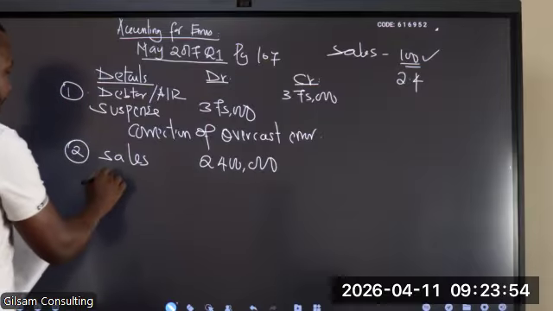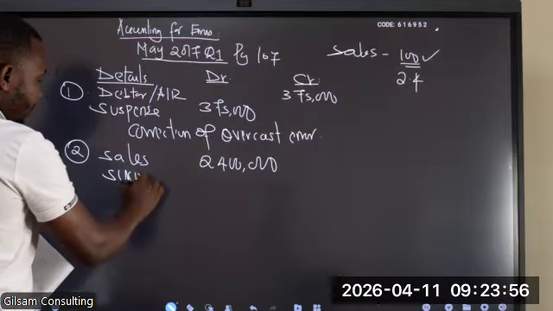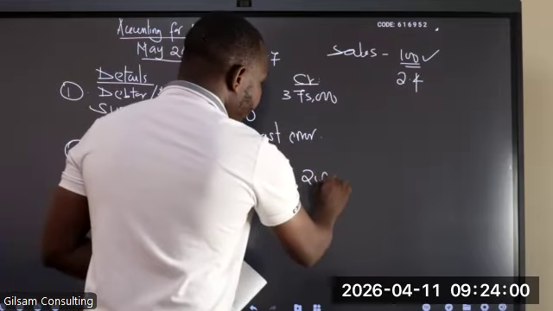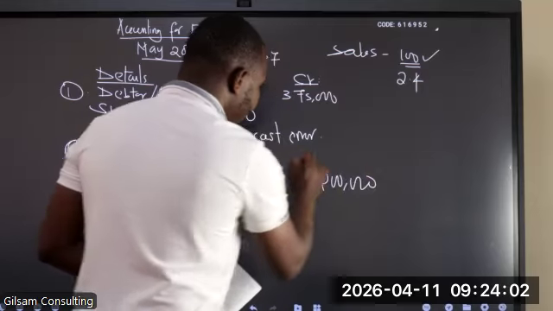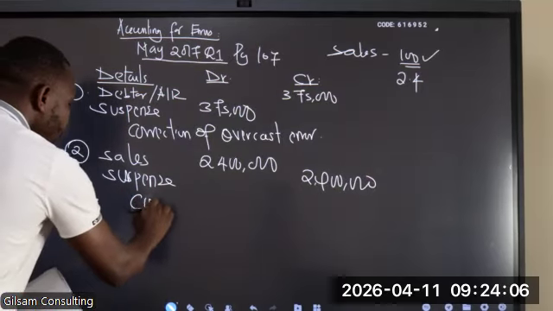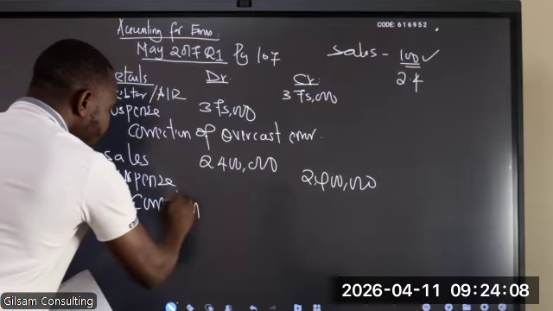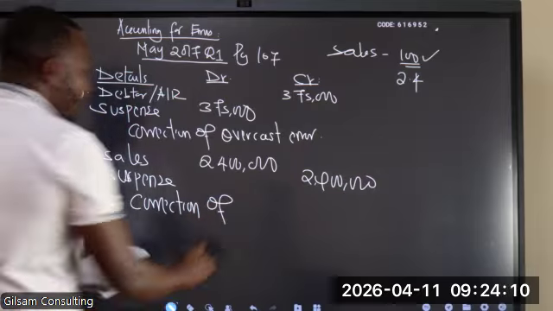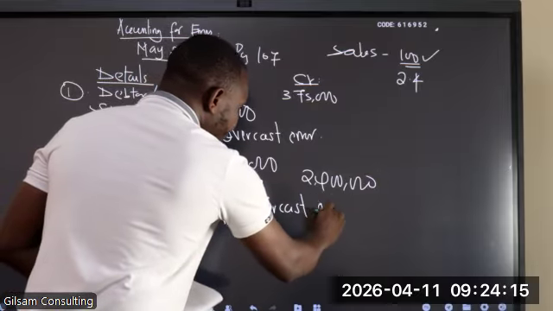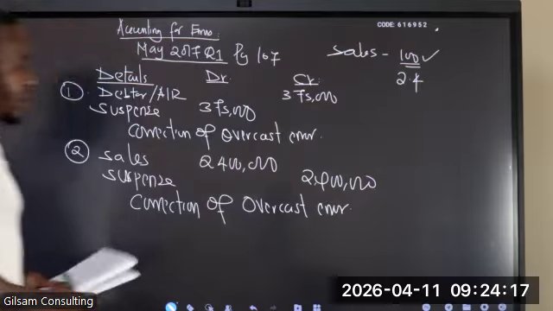And then the suspense account, we credit the suspense account. The error, we say correction of overcast error.